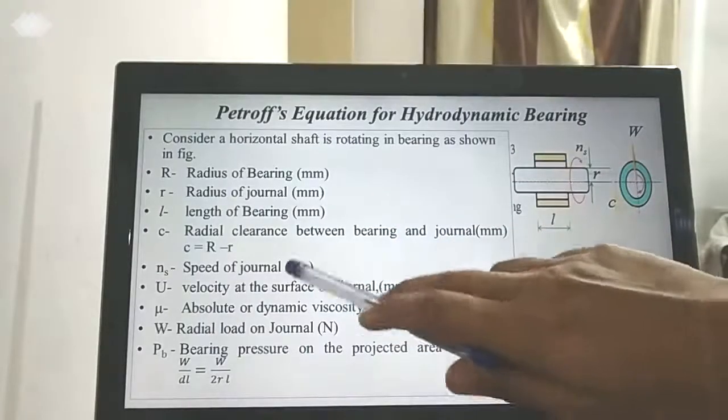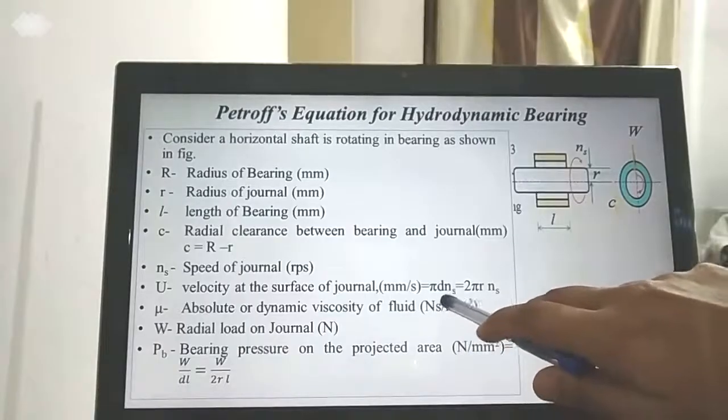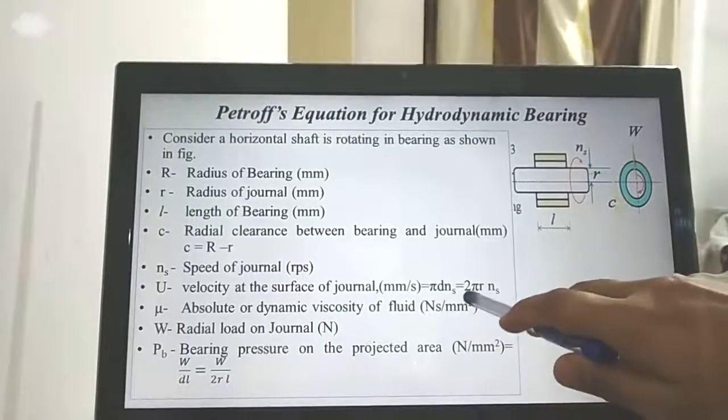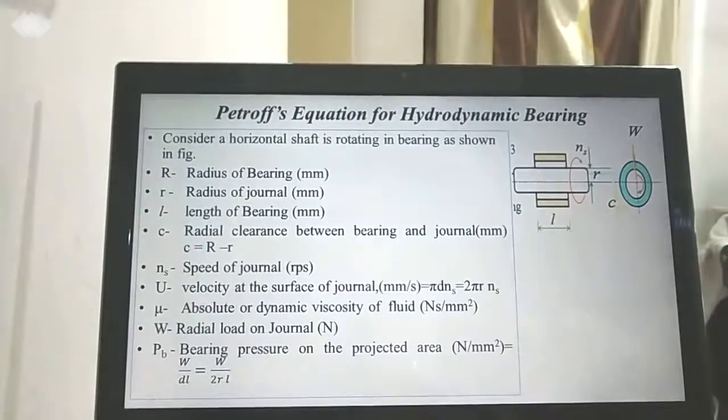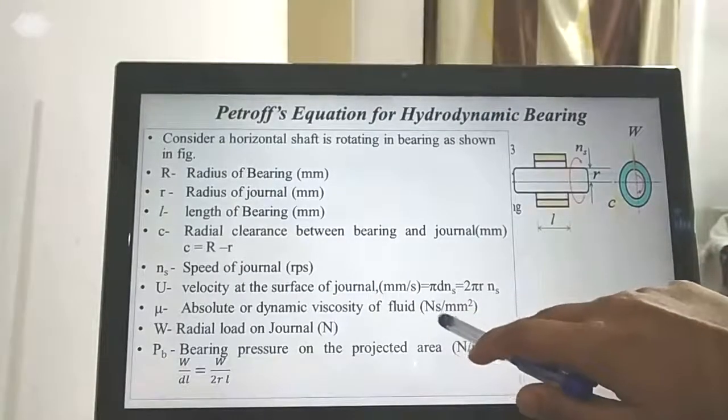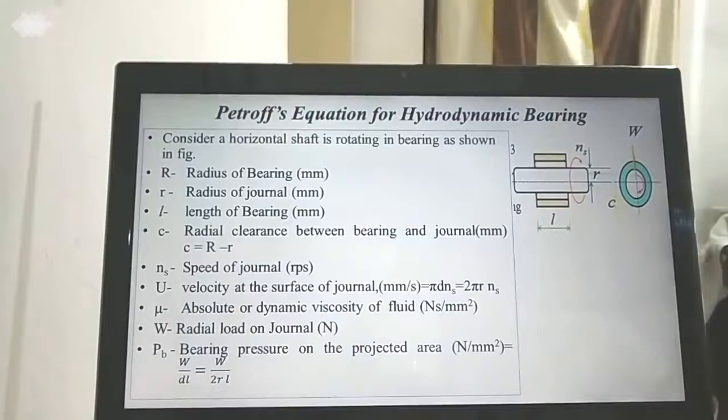So the velocity is pi d n, where n is ns, so we can rewrite it as 2 pi r ns. Then mu is the absolute viscosity, in Newton second per mm square. Then W is the radial load on the journal, in Newton.